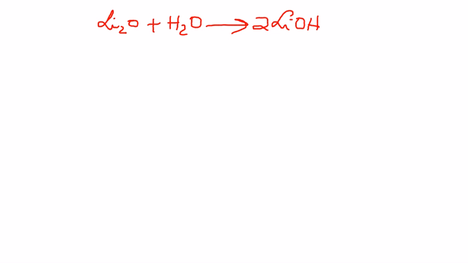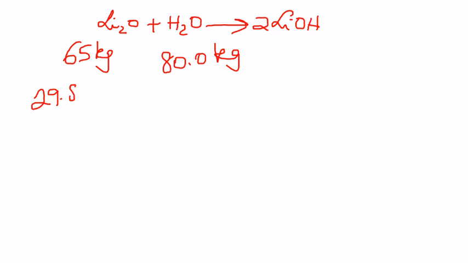If 80.0 kilograms of water is to be removed, and you're given 65 kilograms of Li2O, which reactant is limiting? The molar mass of Li2O is 29.88 grams per mole, and for water it's 18.02 grams per mole.